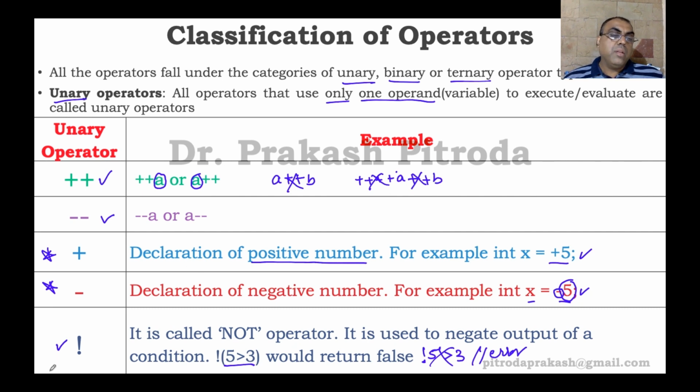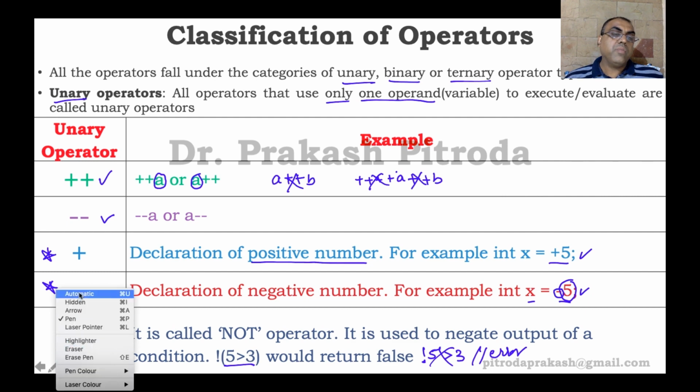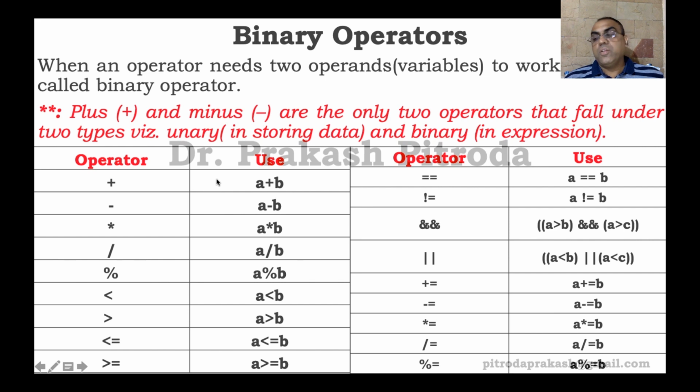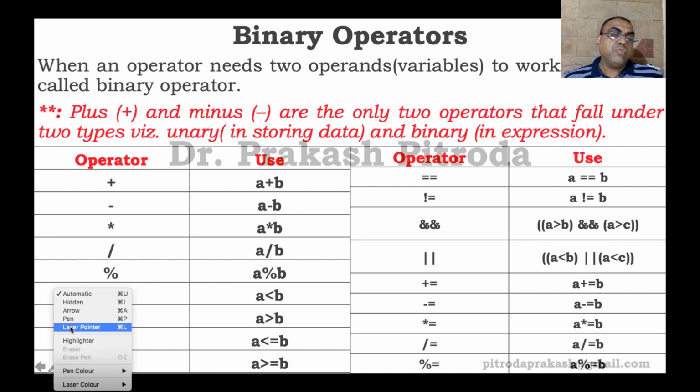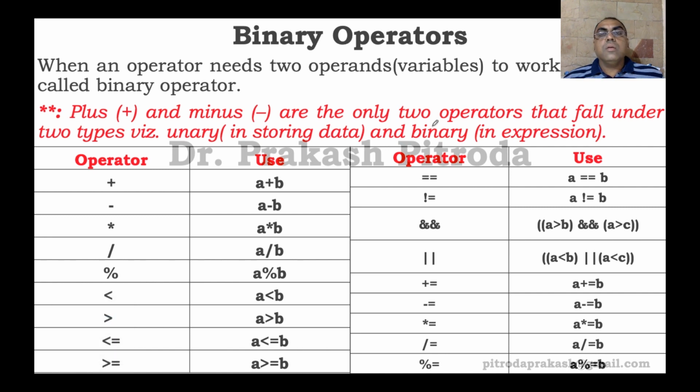Now let us move to the next one. In the next category we have binary operators. All the other operators that you've studied so far, except the unary ones, are considered binary.